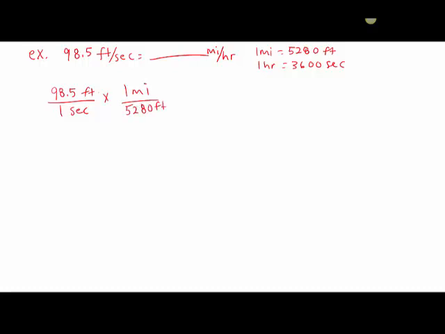Now notice that's going to cancel feet times 3600 seconds in 1 hour. So feet are going to cancel and seconds are going to cancel. And now you have miles per hour left. So you say 98.5 divided by 5280 times 3600. When you get that, you get 67.2 miles per hour.